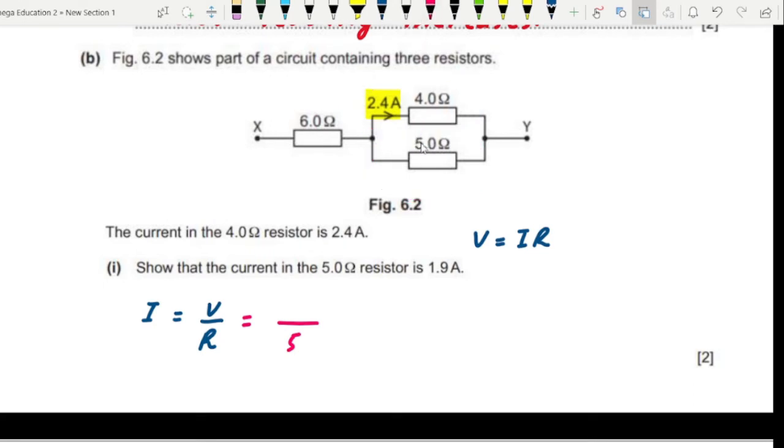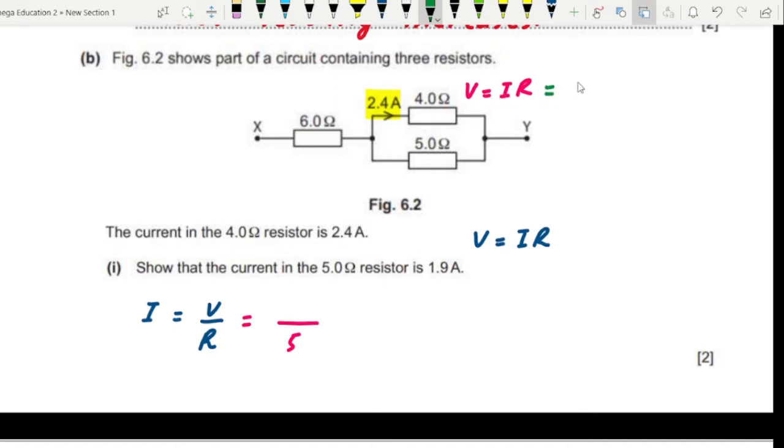Now, can we find the voltage across the 4 ohm resistor? The answer is yes, we can, because once again, the formula we have is V equals IR, and you have the value of current and you also have the value for the resistance.